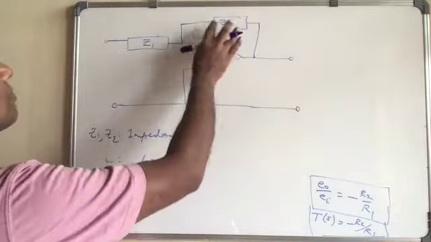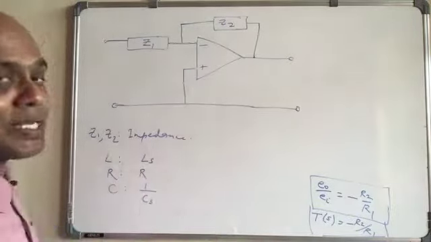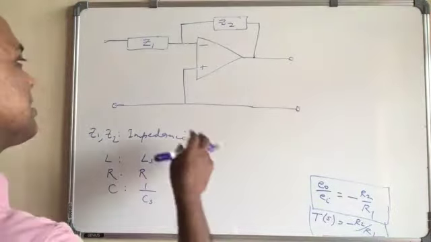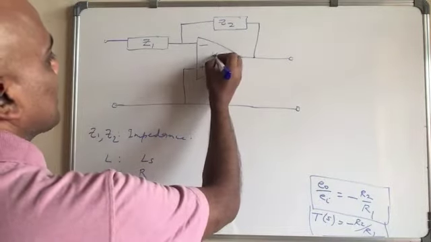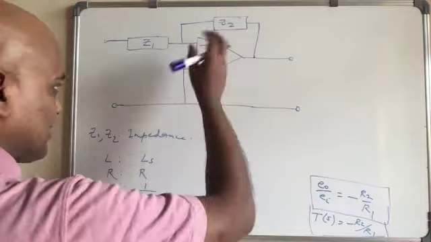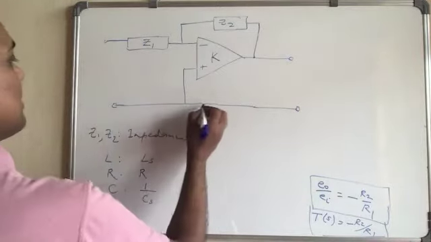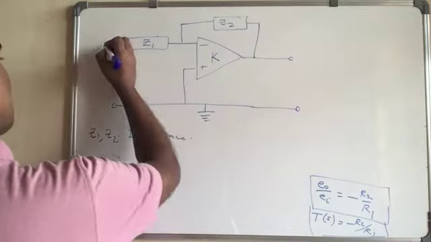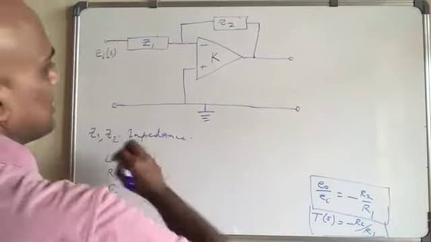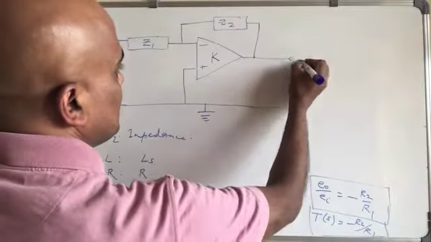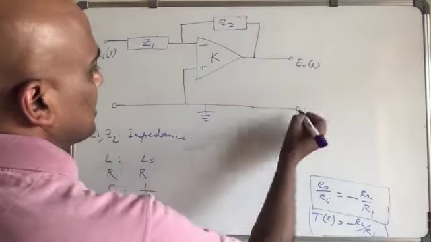So these are the impedances now. The same circuit as we studied earlier, but now everything has the Laplace transform taken. This one is grounded here, EIS, and E out S here.